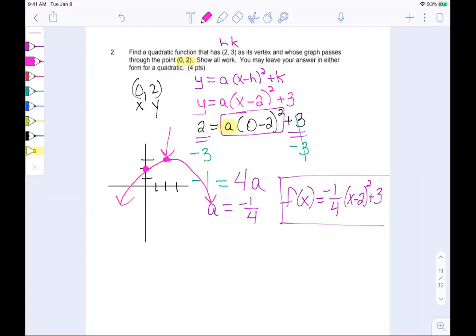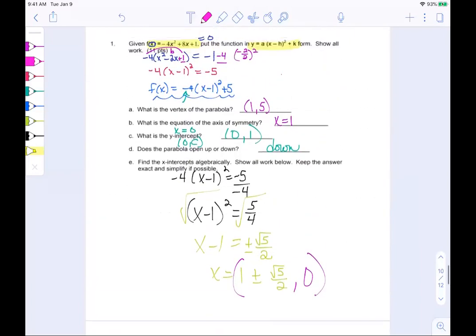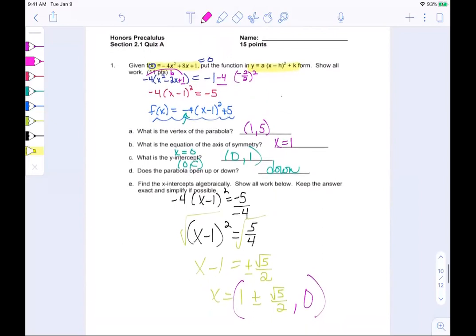Okay, so as I said, I wanted to go over 65 from the book. Number 1 on here would be the process you would want to use for 31, 33, 35. It's the same process. Once we're done going through 65, if there are still questions, I can answer any questions that anybody has.